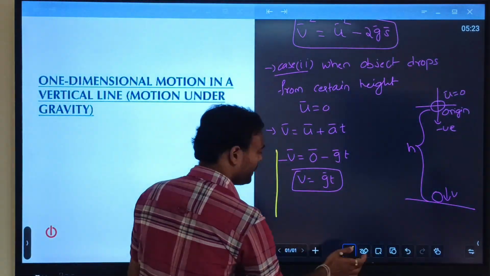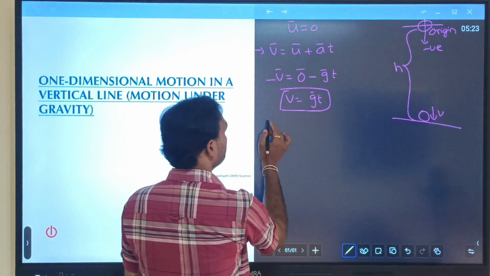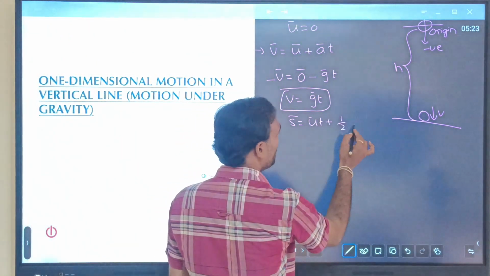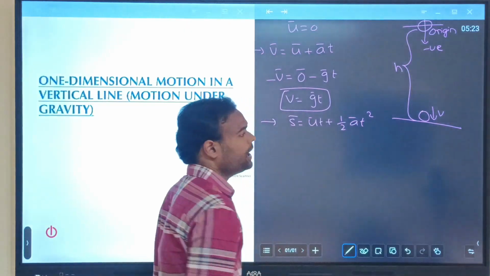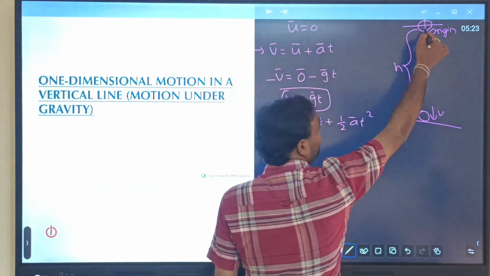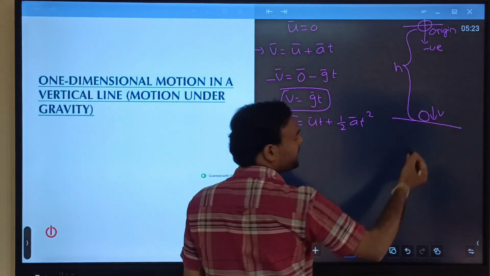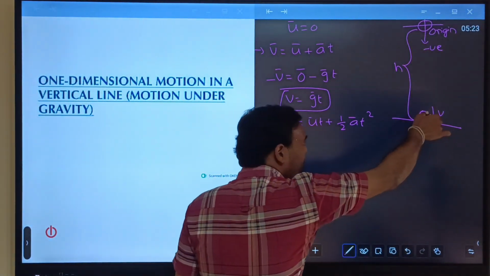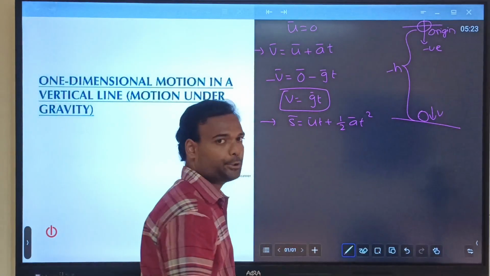Now the second formula, s = ut + ½at². How can we write this one? See here, the object starts its journey from here and reaches here, moving in the downward direction, which means the displacement will be negative, right?